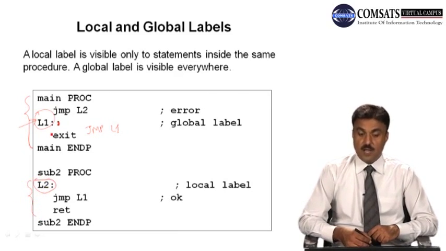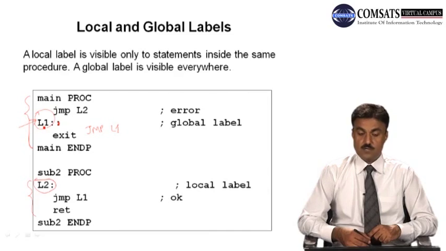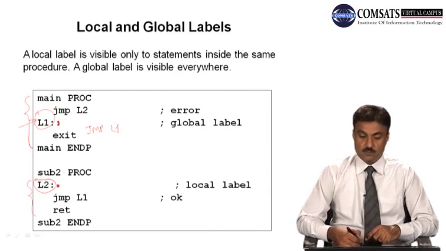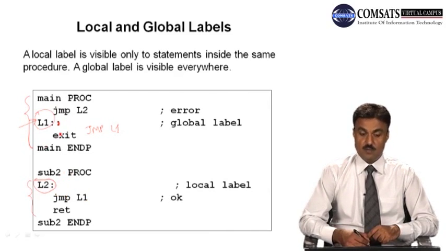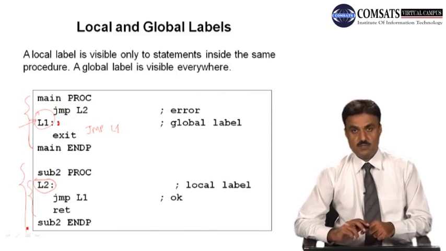However, for example, L1 is the global label, so we can access this, or we can transfer control, we can access this label L1 from this procedure and from the main program and so on. But L2 cannot be accessed from any other procedure or from the main program, because that is the local label, or that is a label which is inside the procedure.